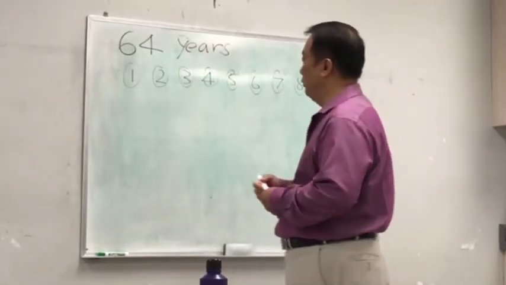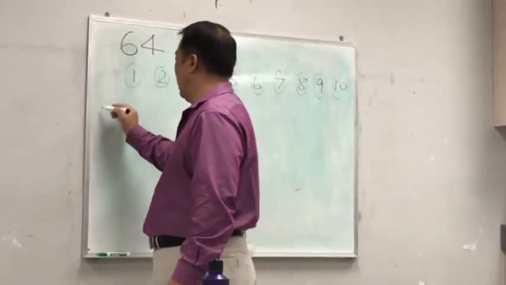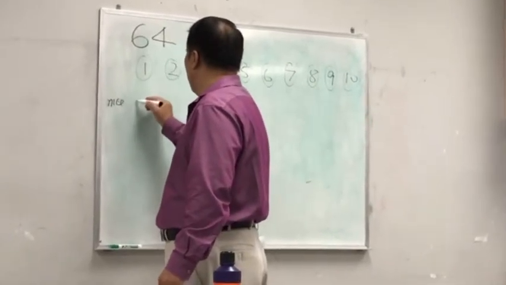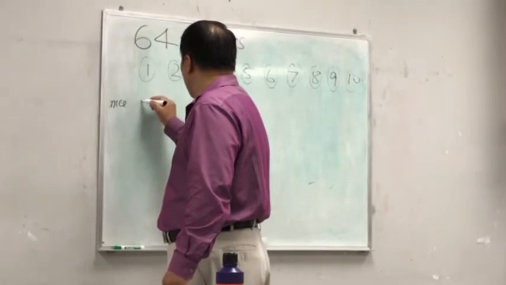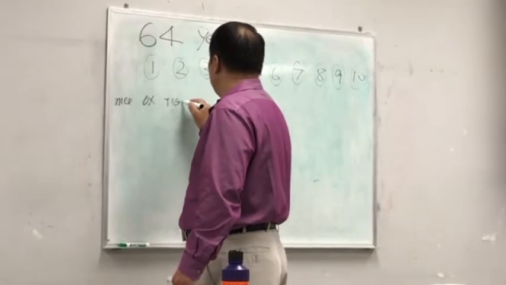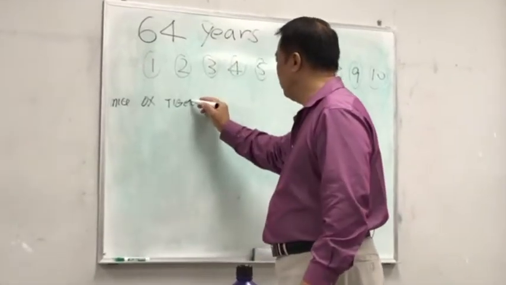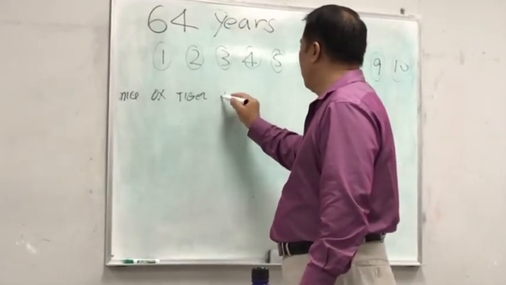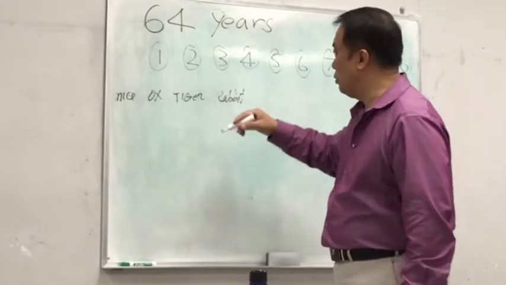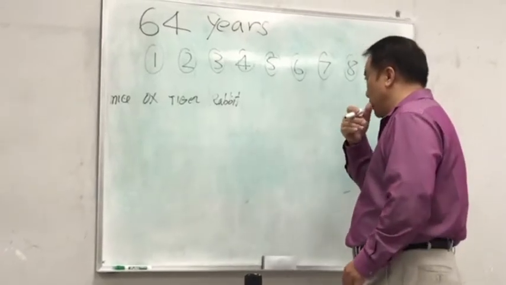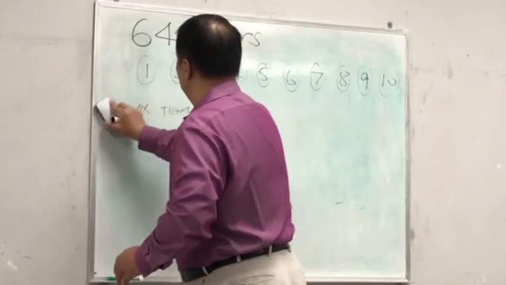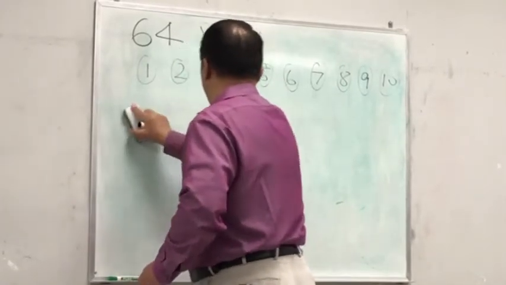And down here, we have the mice, the ox, the tiger, the rabbit. I have to do this, then you will see how it's going to end up. I have to match it with the number 1.